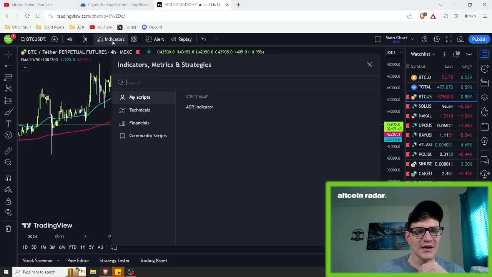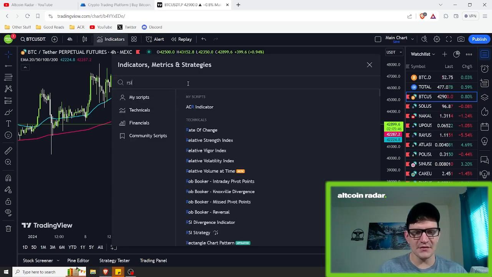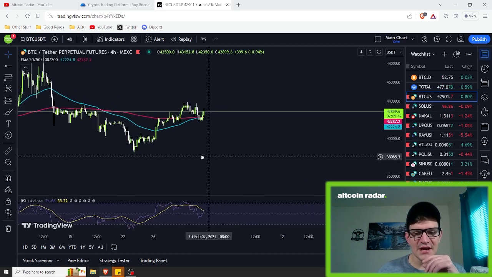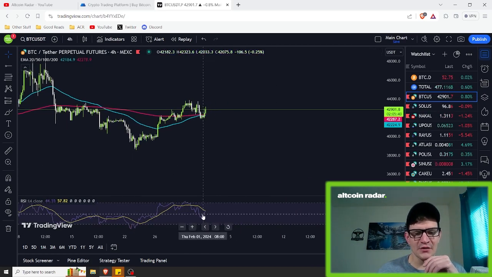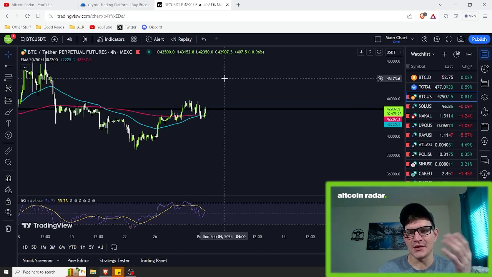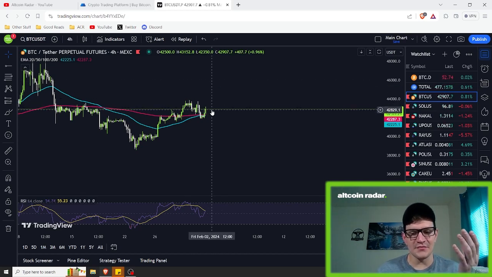So now we're going to look at a different indicator. We're just going to pull up the RSI here and check it out. We can clearly see that we are currently above the neutral zone, and we are right at this moving average on the RSI. If we end up crossing above that, oh boy, guys, we're probably going to continue into an uptrend here, which would be very, very nice.